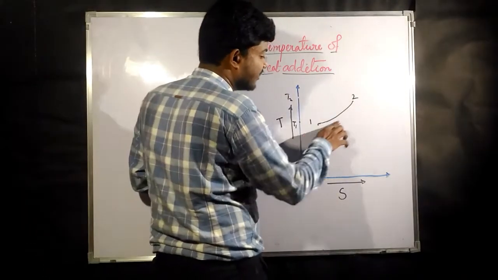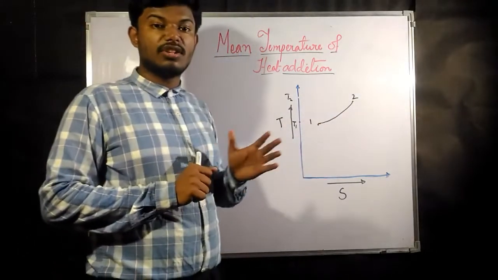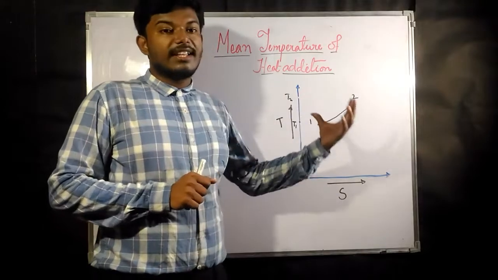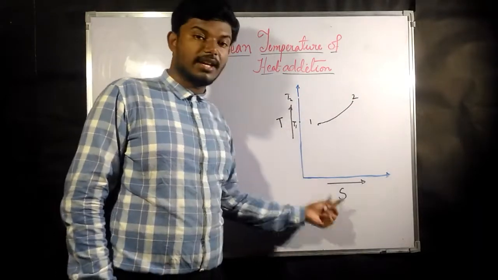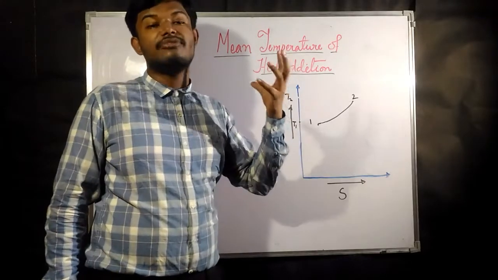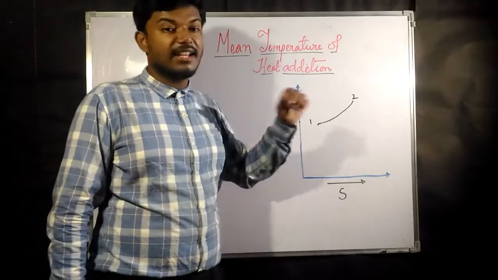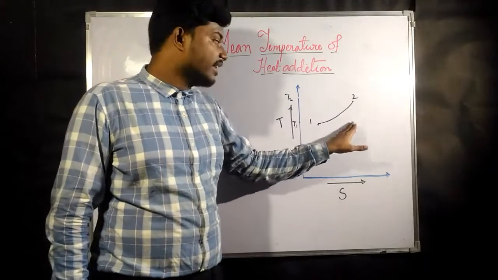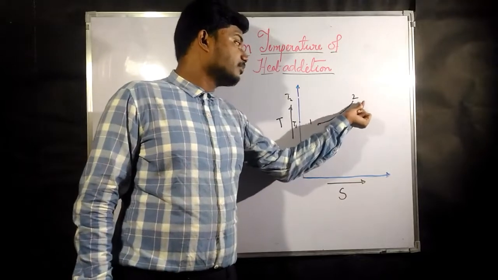Now suppose there is a process going from 1 to 2, in a TS diagram. Now how can we find out the amount of heat that is given as input into this process?